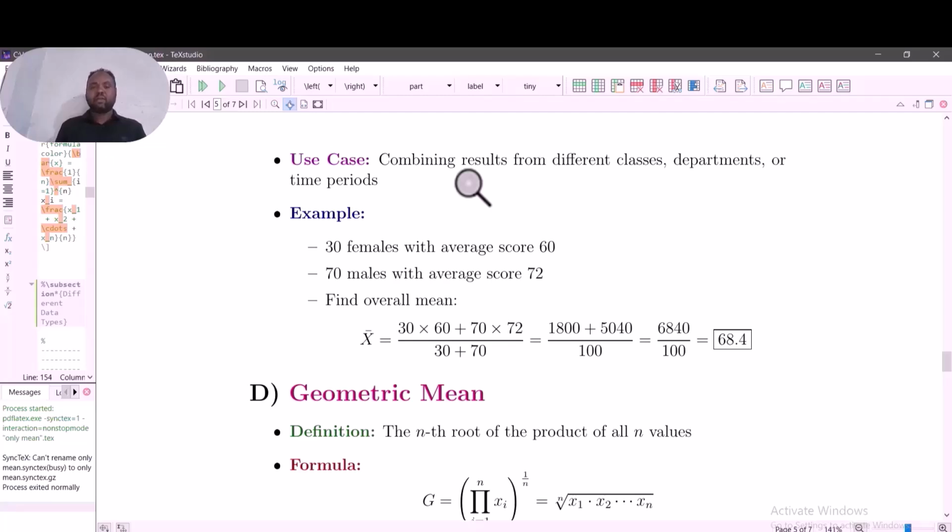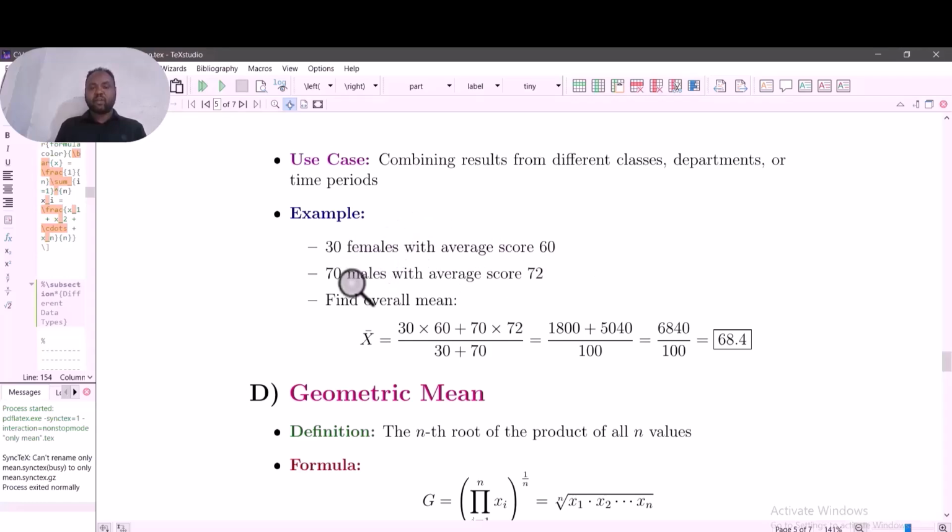For example, we have 100 students in a class who took an exam out of 100, right? But the students were females and males, right? So before obtaining the aggregate mean or the combined mean, the overall mean of the 100 students, we have the mean of each gender, right?